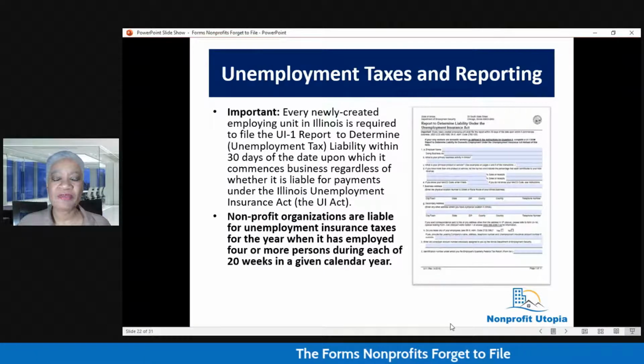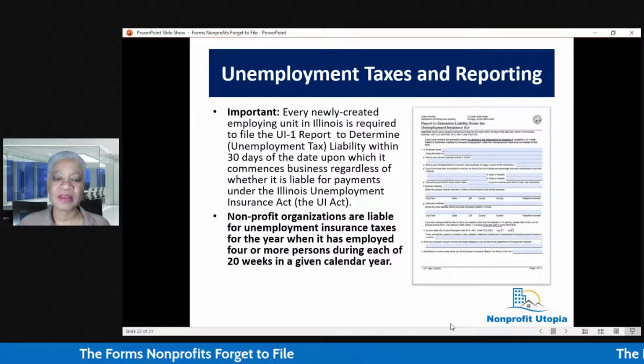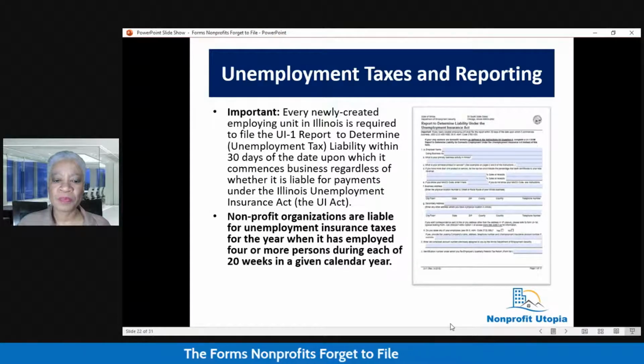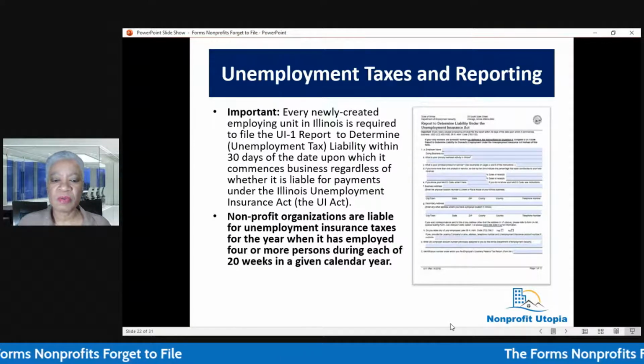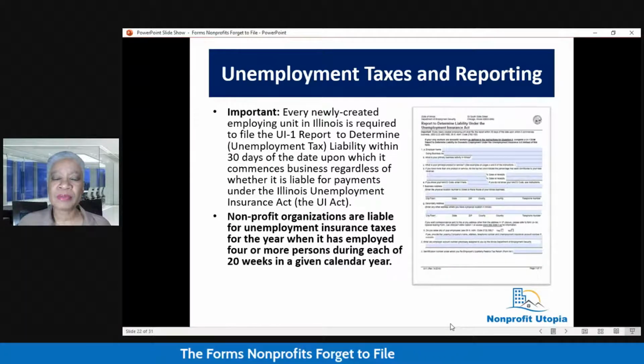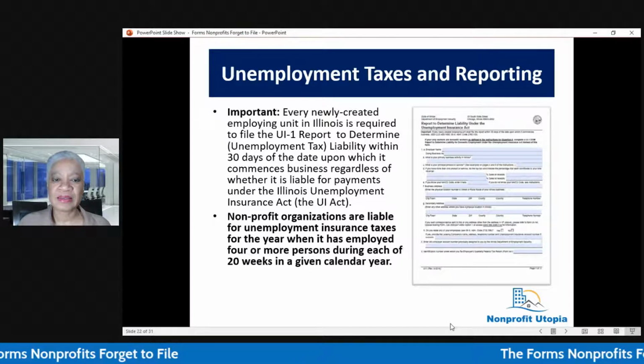And nonprofits have to pay unemployment taxes even though they're nonprofits because they have employees and they're subject to payroll taxes as well. So you would complete this form, and you should also know that for nonprofits, you don't have to pay unemployment taxes until you have 4 employees.